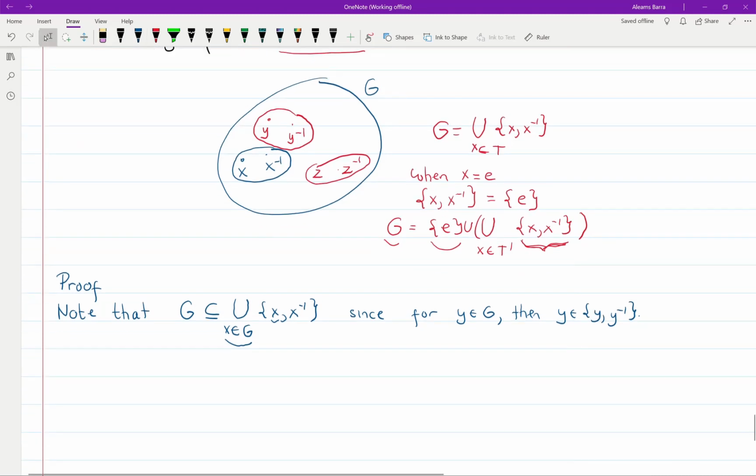But there is some redundancy. For example, if we take X and X inverse, then for X inverse in G, the sets {X, X inverse} and {X inverse, X inverse inverse} are actually the same set.